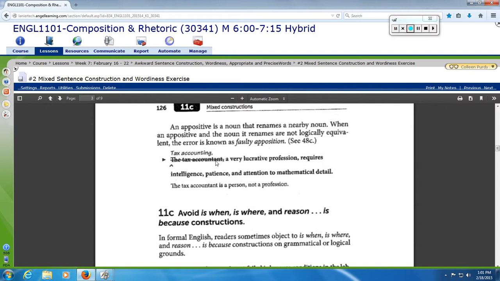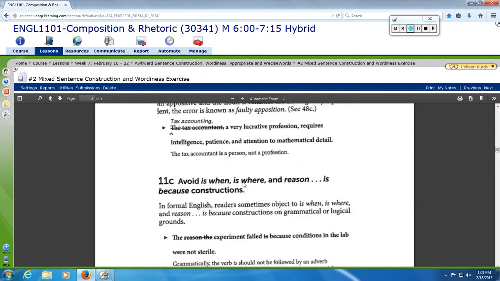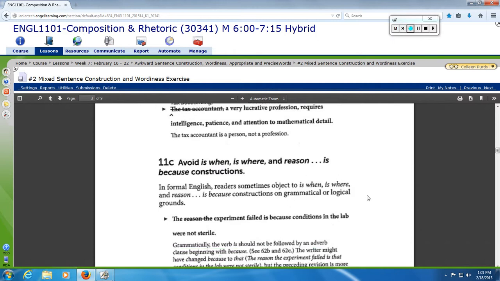Well, in the original sentence it said the tax accountant, and we have the appositive offset by commas because it's non-essential. A very lucrative profession. An accountant is not a profession. So, tax accounting is a profession. So, we have to make sure that those are logically equivalent. All right, that they are the same thing. We've talked about avoiding is when, is where, the reason is.